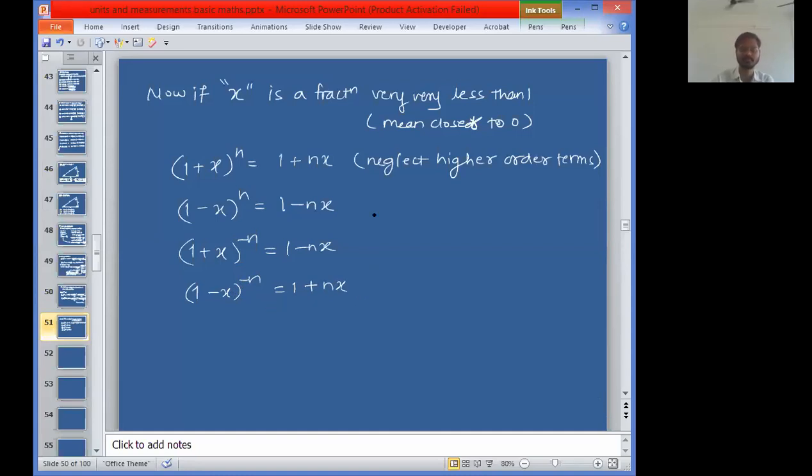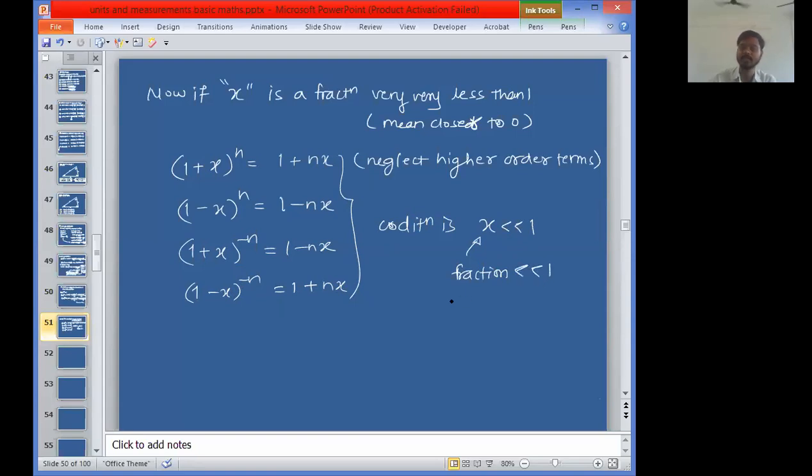But child, what is the condition? The condition is x is very less than 1, so x should be a fractional value, less than 1, but very less than 1. What would be an example of such a fractional value?